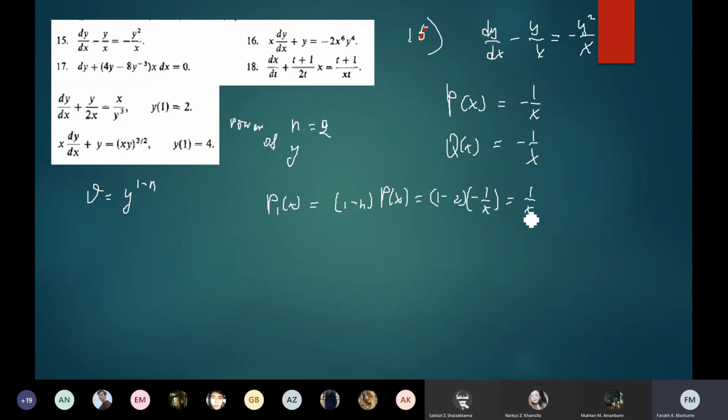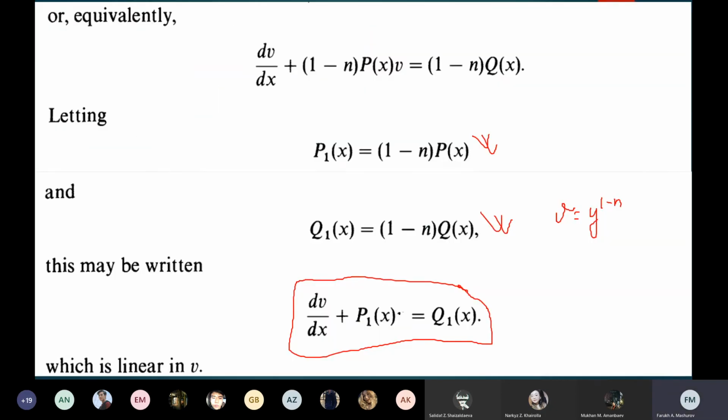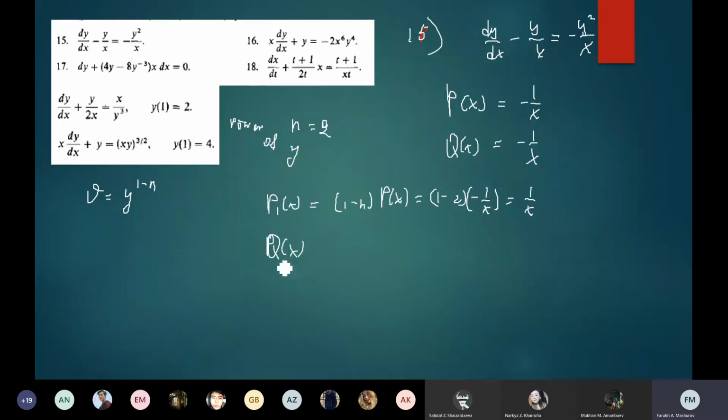That is equal to 1 over x. What will Q(x) be? Q1(x) is equal to (1 minus n) Q(x). We write 1 minus 2 and 1 over x, so again it is the same.